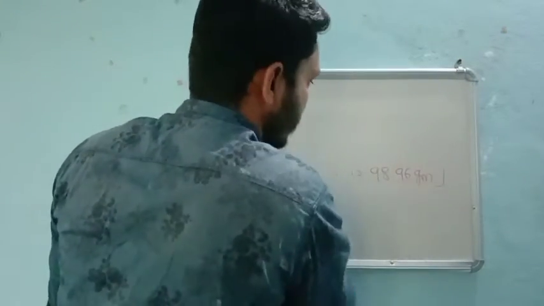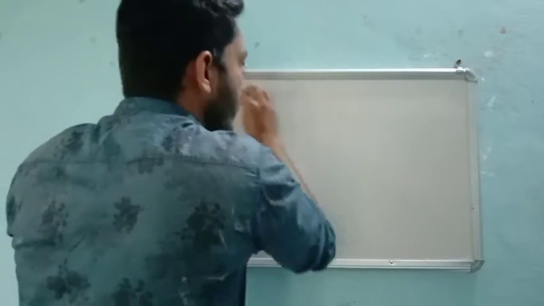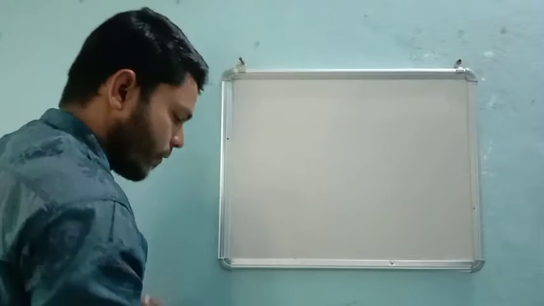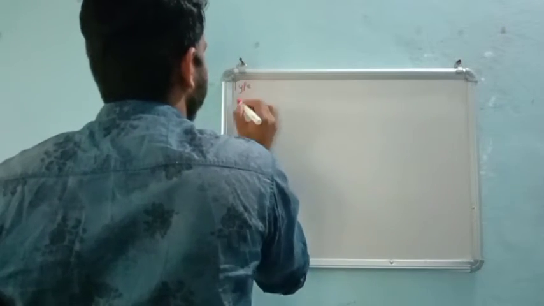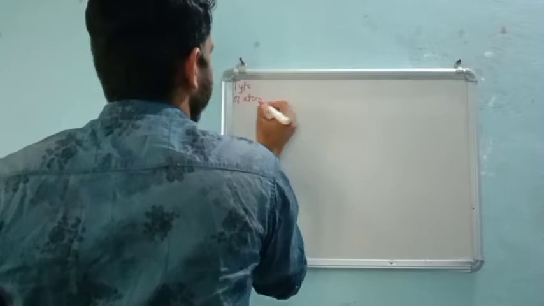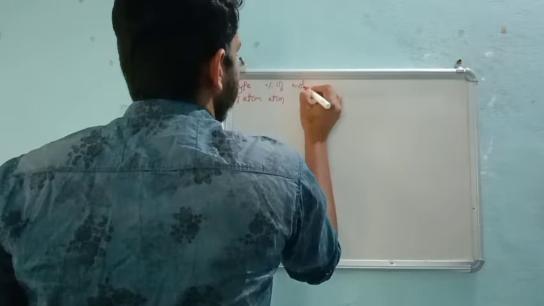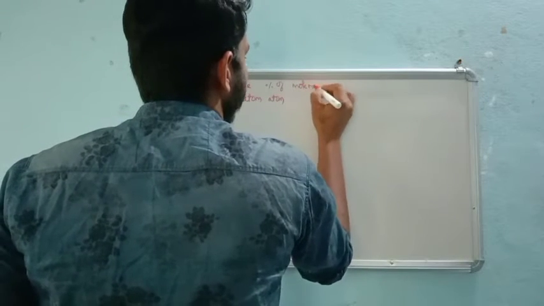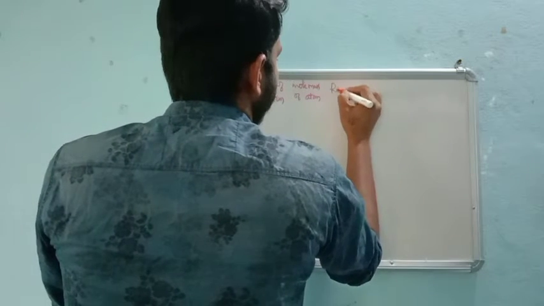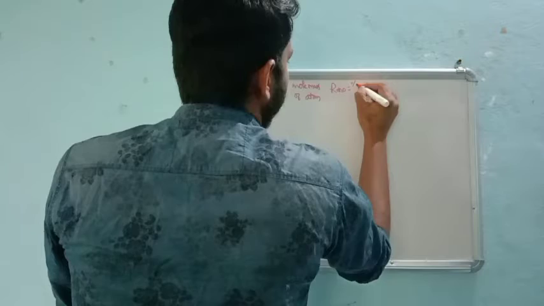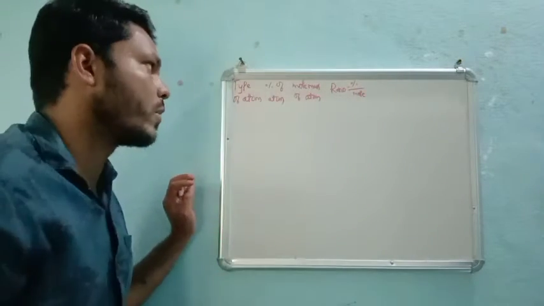Now, before solving this problem, in the solution we have to write the different columns. First, type of atom, the same as before. Next, percent of atom, molecular mass of atom, and ratio. Ratio is nothing but percent of atom divided by molecular mass. In short, I will write it; already you have the formula, right?